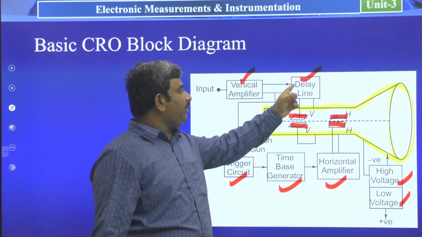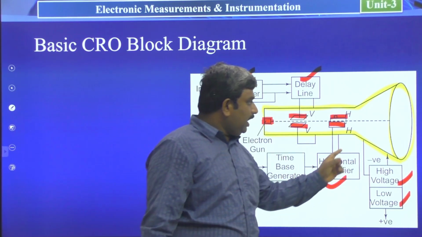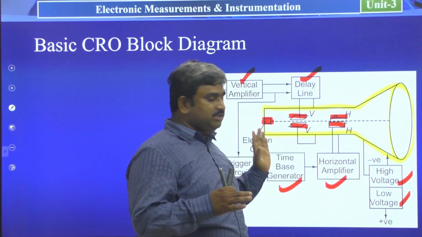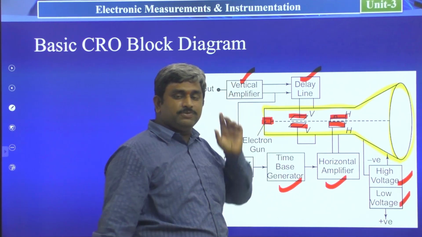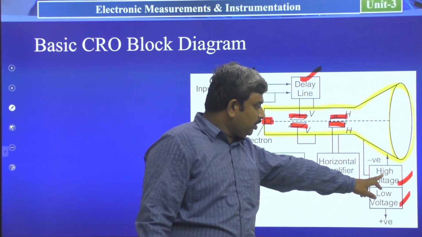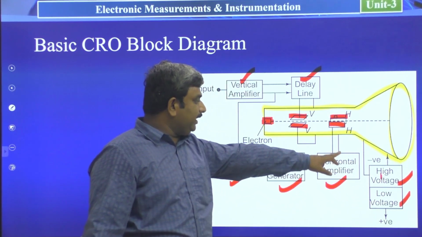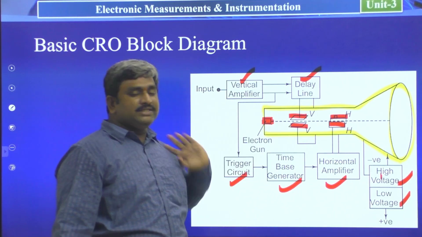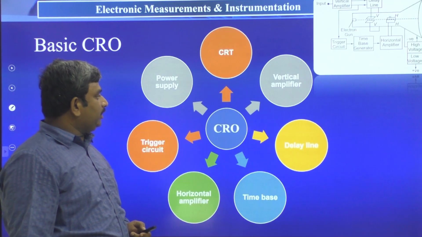The vertical amplifier and delay line are directly connected to the vertical deflection plates. And for this CRT to work, it needs different types of negative and positive voltages, high voltages and low voltages, so we connect these blocks to the CRT. So this is a basic CRT block diagram.